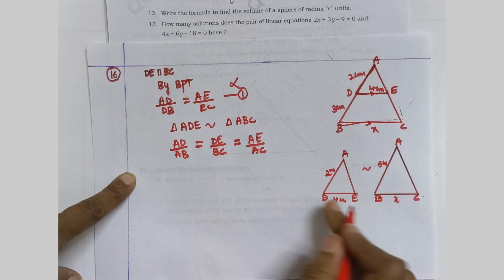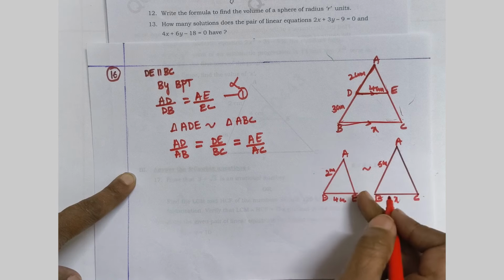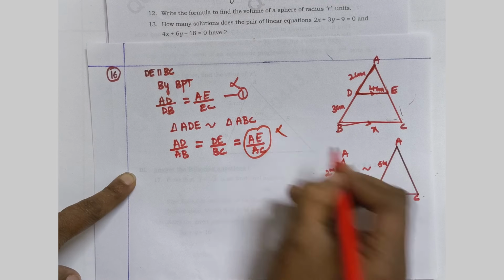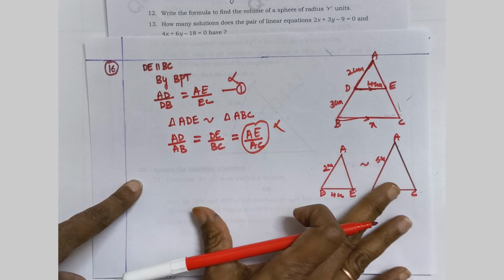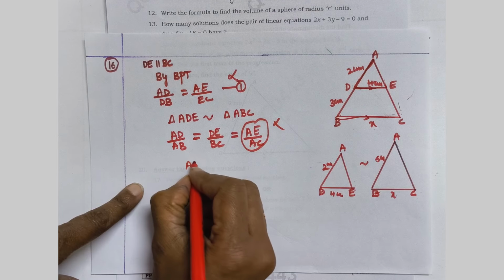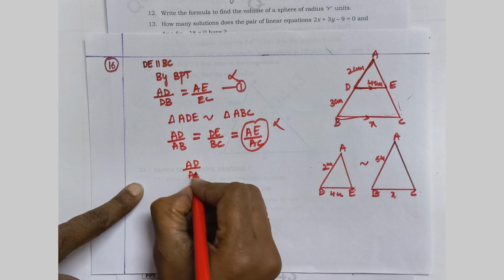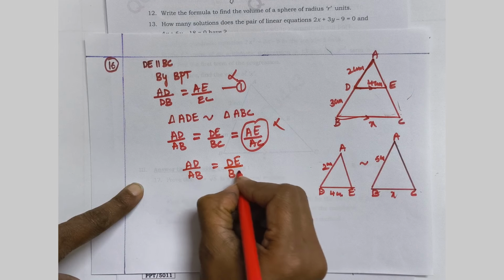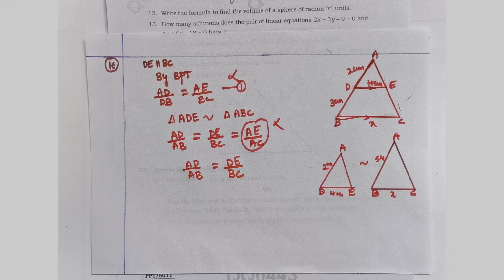AD by AB is equal to DE by BC is equal to AE by AC. But this last one we don't want, so we don't take it. We will compare only these two. AD by AB is equal to DE by BC. Now you apply the values, you will get the answer.